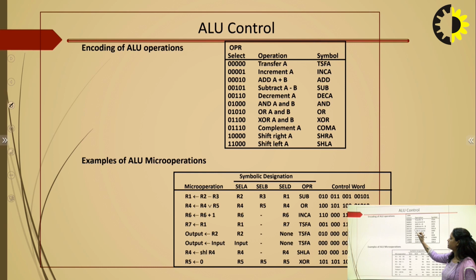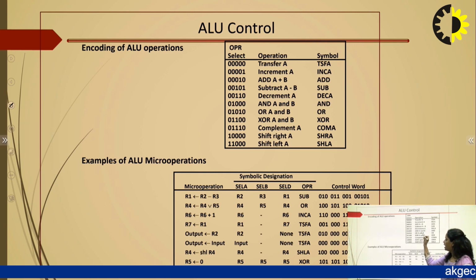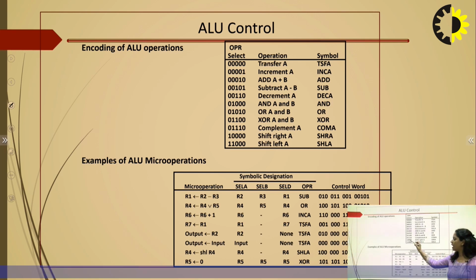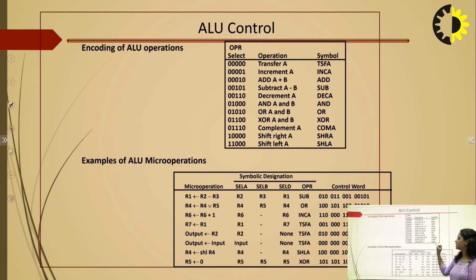Decrement operation is 00110. For AND operation, we have 01000, and for OR operation, we have 01010. Similarly, for XOR operation, the 5-bit code is 01100, complementing is 01110, shifting right the contents of operand A is 1 followed by four 0s, and shifting left for operand A we have 11100.